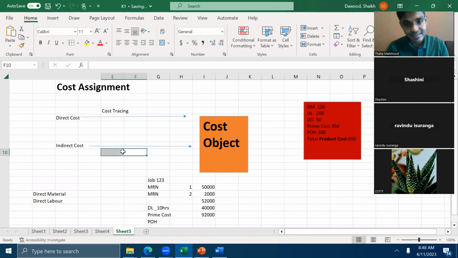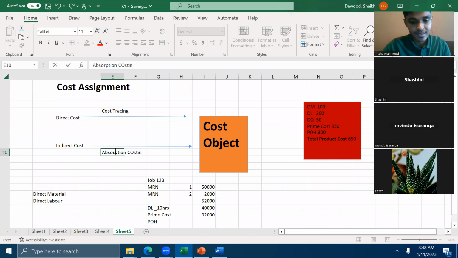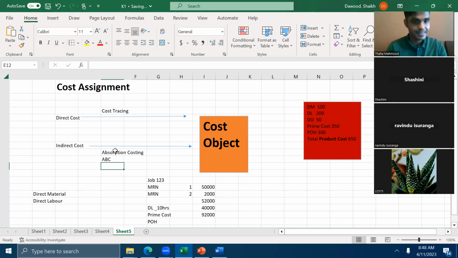We have two methods, two techniques. One is absorption costing. Second one is activity based costing, ABC. So what's happening, in both methods the same thing is happening.